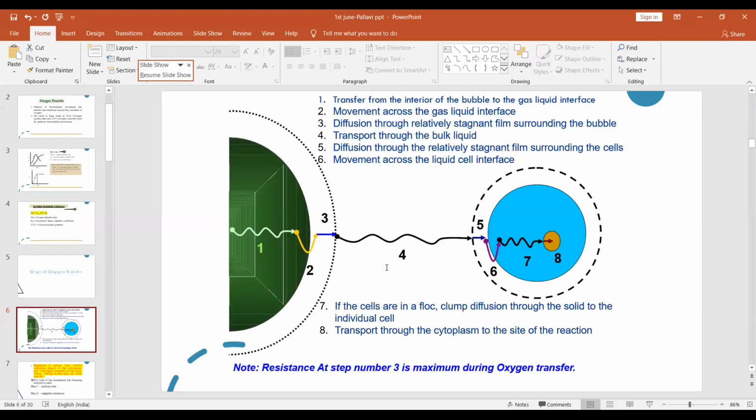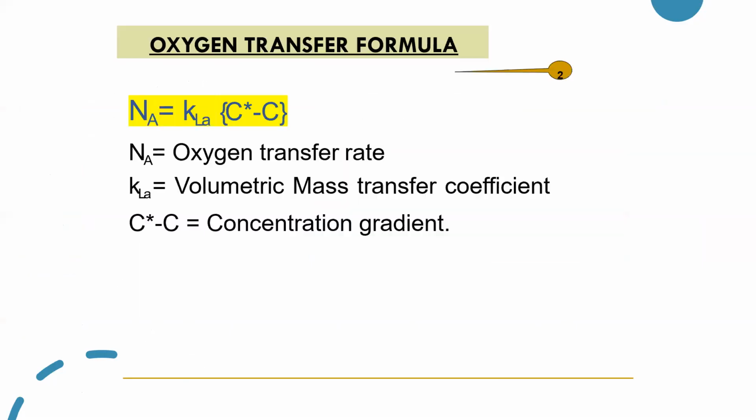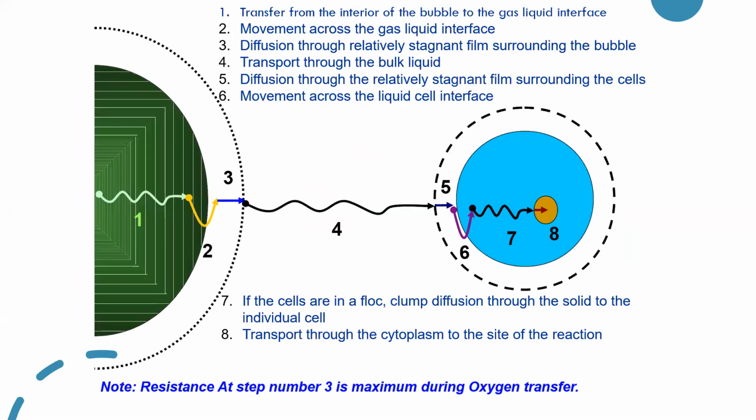What I have shown you here is that this green semi-spherical figure is my oxygen bubble, and this bubble has ample oxygen inside it. This oxygen needs to come into the liquid, and in the liquid, the blue circles are my microbial cells.